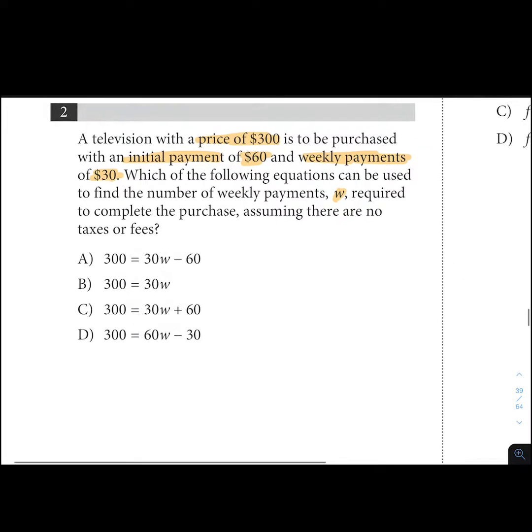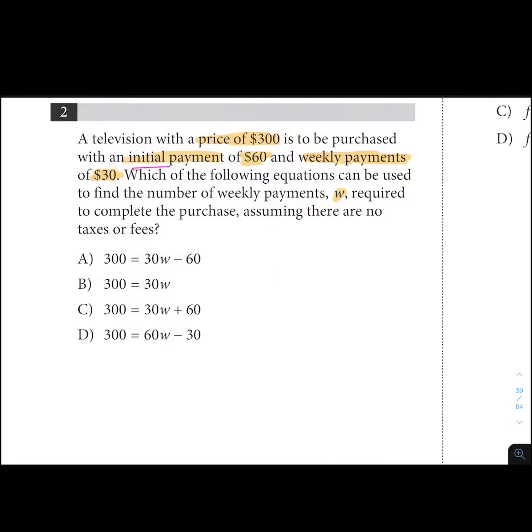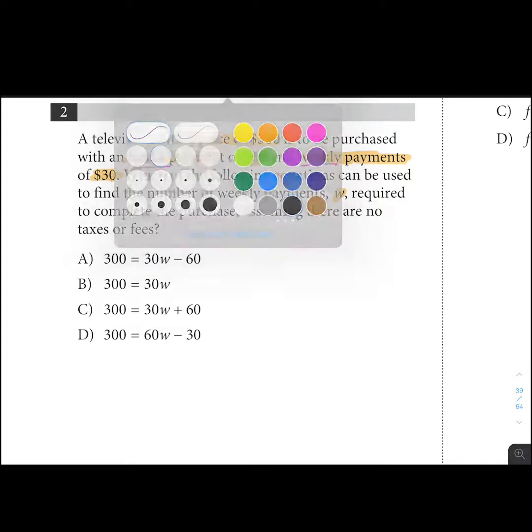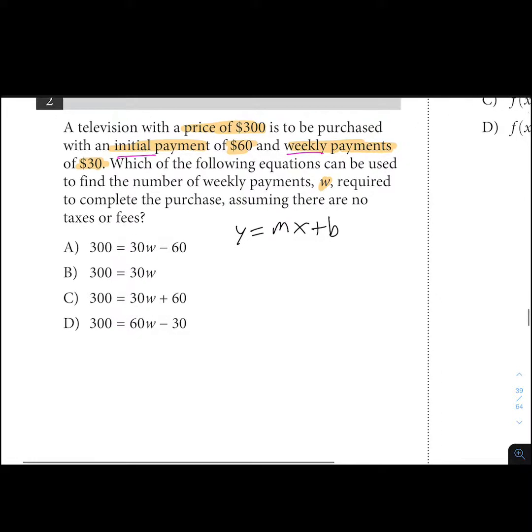This is a fun one because when I saw the words initial and weekly, my mind automatically went to a linear relationship. You may be familiar with y equals mx plus b. Don't forget, m is your slope and b is your y-intercept.